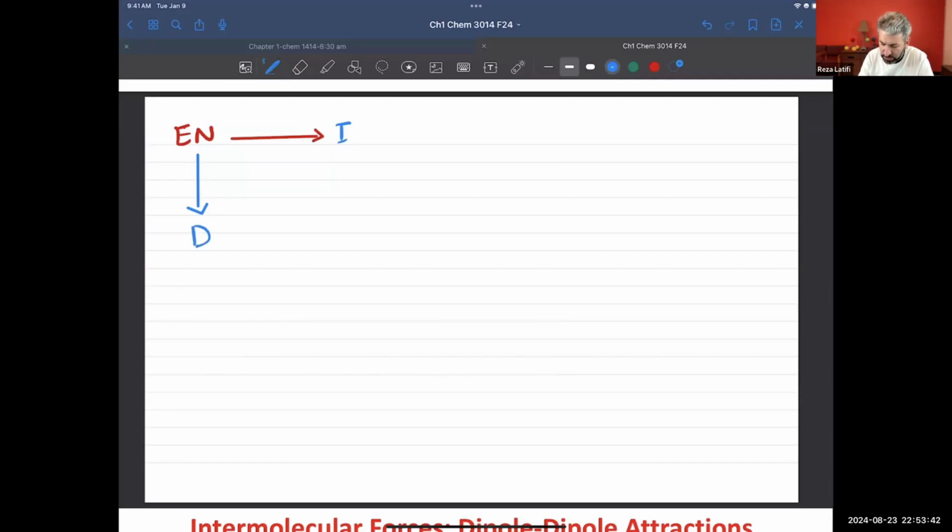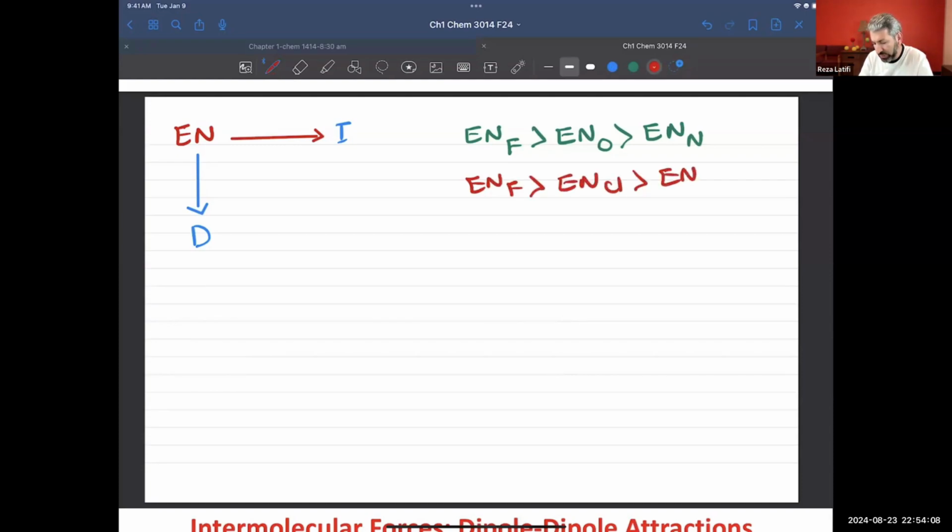Reminder: the electronegativity of fluorine is higher than that of oxygen, and that's higher than that of nitrogen, because we are shifting to the right side of the periodic table. Next, the electronegativity of fluorine is higher than chlorine, and that's higher than bromine, because down in any group, electronegativity decreases.